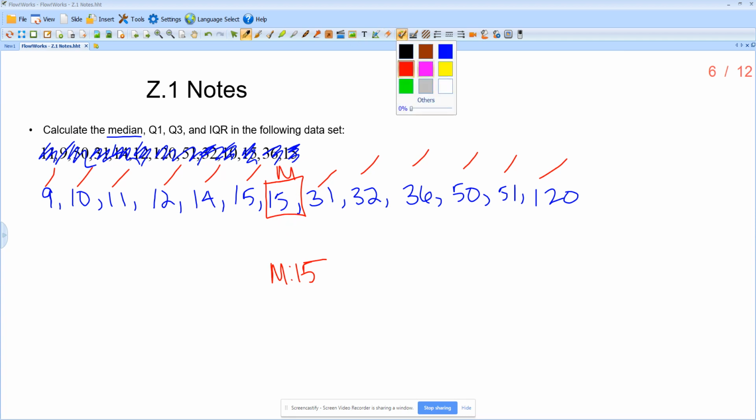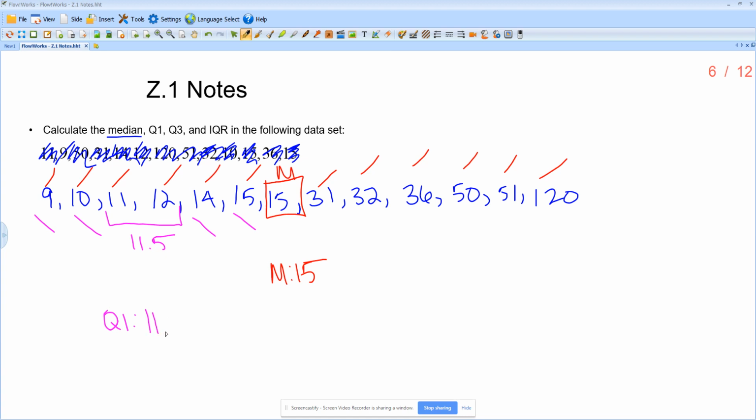Now, when I go to find something like Q1, it is going to come from taking the median of the left side of data. So going along here, not including the median in this case, I can see that my Q1 will fall in between these two numbers. So it would be 11.5.